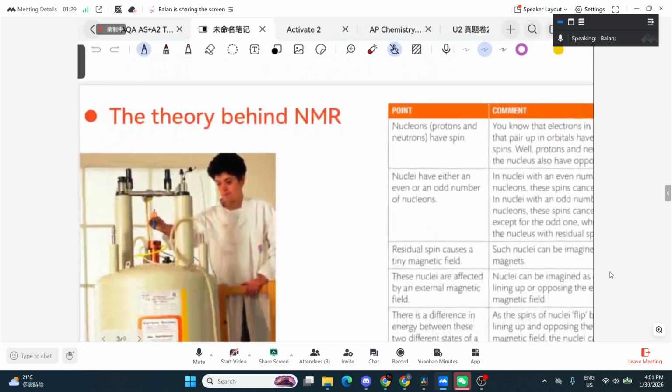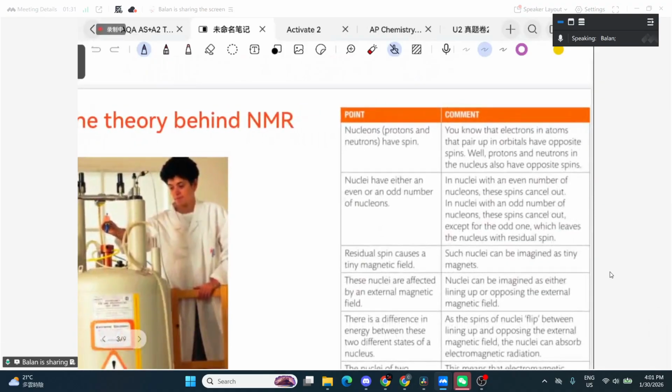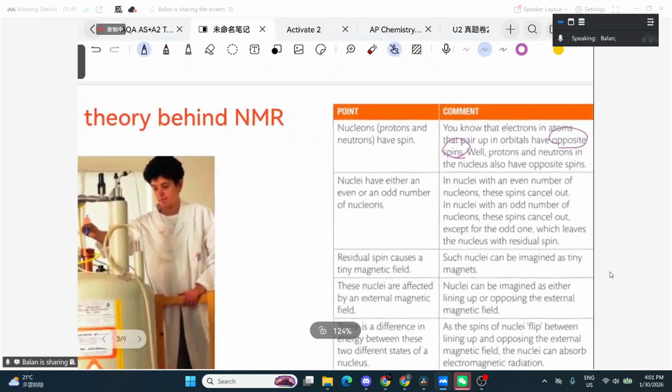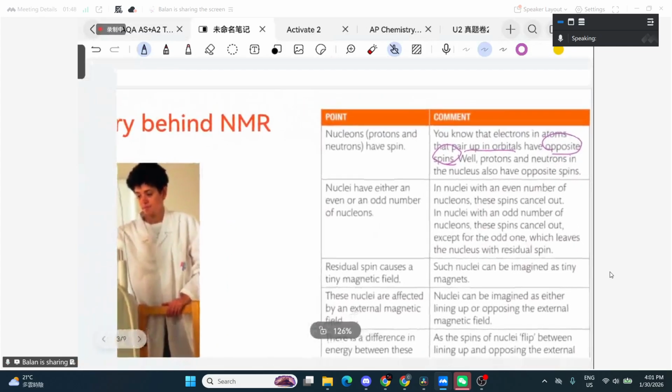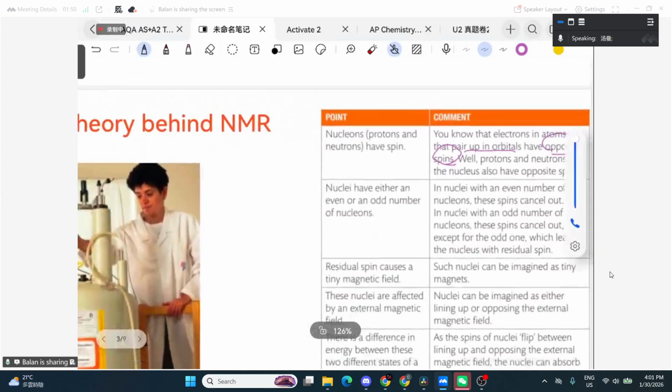Let's find out. You know that electrons in atoms, that pair up in orbitals, have opposite spins, right? And similarly, protons and neutrons in the nucleus also have opposite spins.